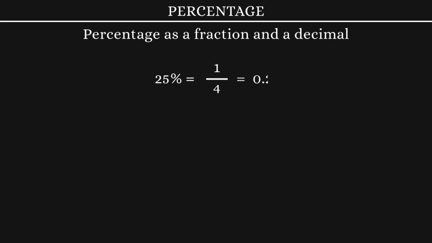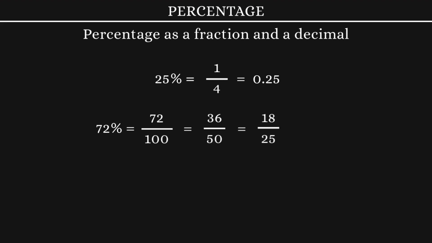We get 0.25. So we can also say 25% in terms of a decimal will be 0.25. Let's see what happens in 72%. As a fraction, it is 72 divided by 100, which is 36 by 50, or you could write it as 18 by 25.